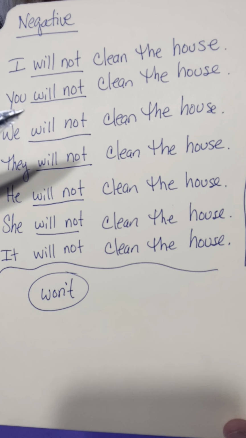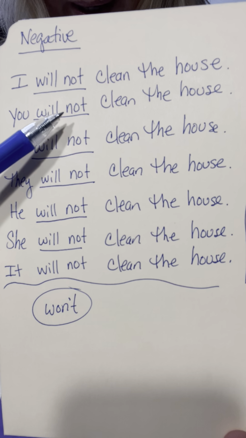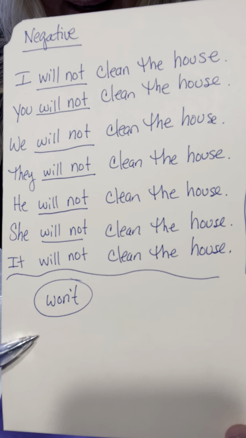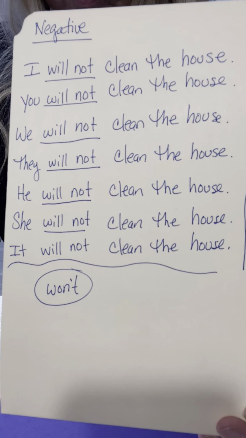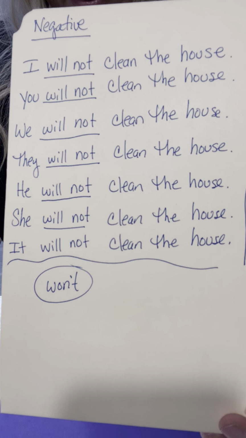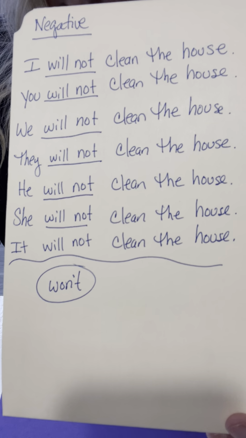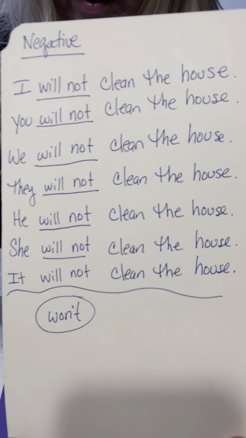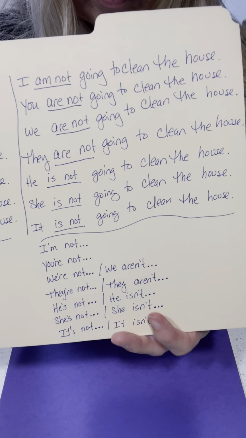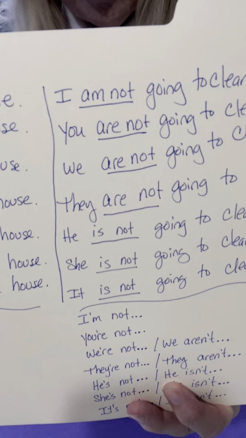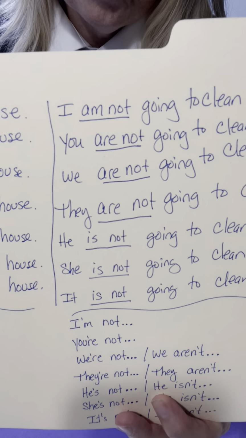Now, you can contract will and not, and that would be won't. I won't clean the house. You won't clean the house. We won't clean the house, etc. All right, let's come on over to the other side with the going to, and let's put that in the negative.